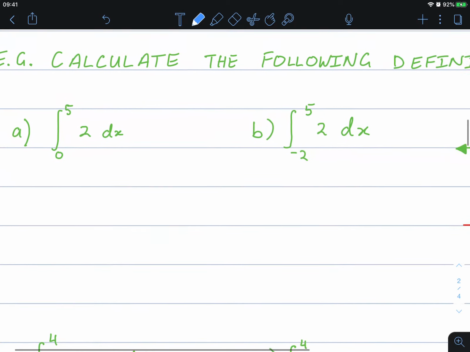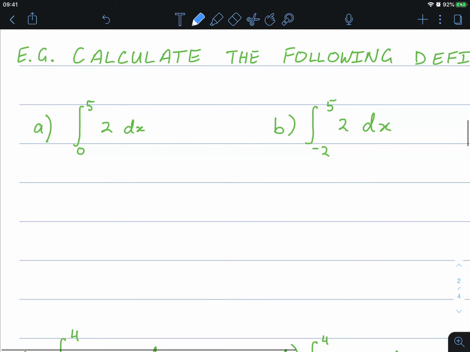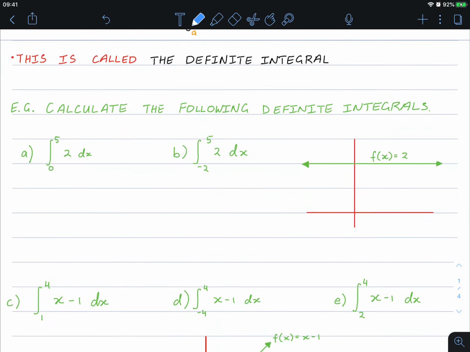So let's apply our basic understanding of shapes to find the areas of these functions. Let's calculate the following. We want the integral from 0 to 5 of the function y equals 2, and I've graphed it here. From 0 to 5, we can see that has a width of 5, so area equals 5 times the height.